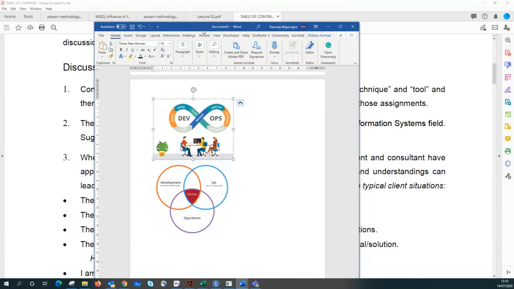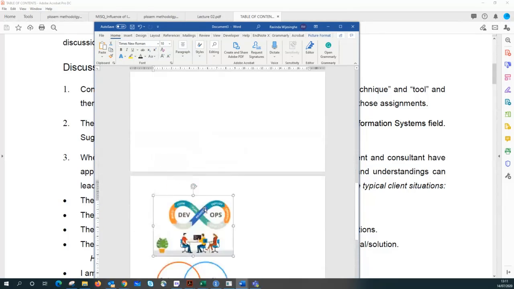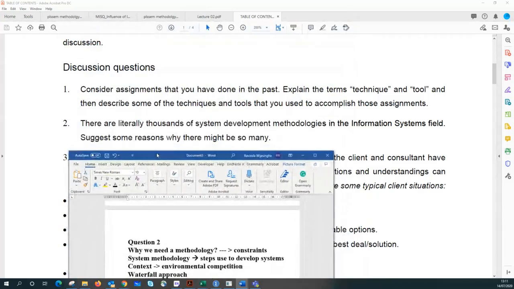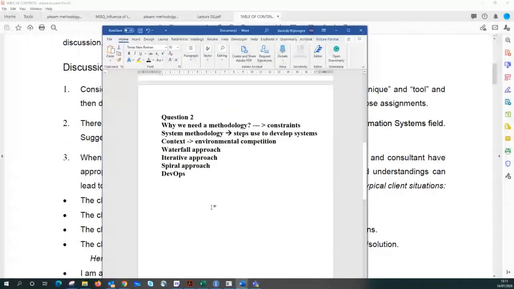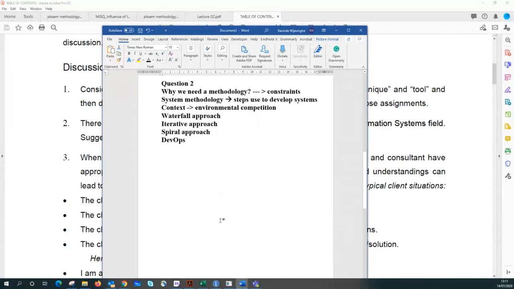So for this question, you don't need to talk about all of these. These are additional knowledge I just gave you. The question is asking for the reason why we have this, and these are the reasons. When you go through these, you will see why we need this sort of methodology: in a rapidly changing environment, competitive advantage is very important, and technology is changing, so that's why we need different approaches to organize our system development activities.